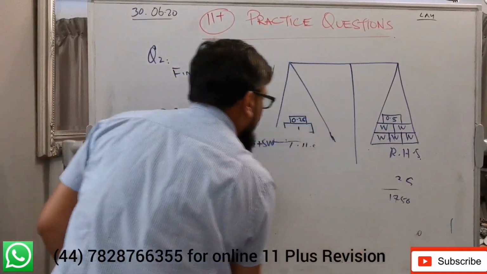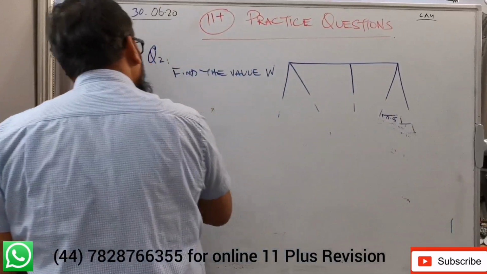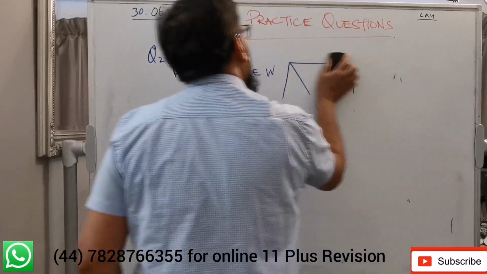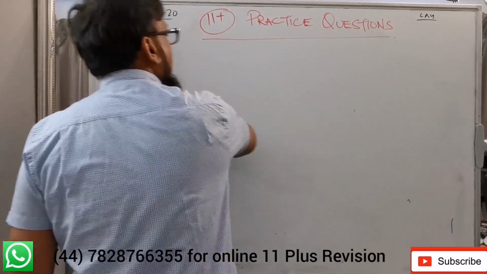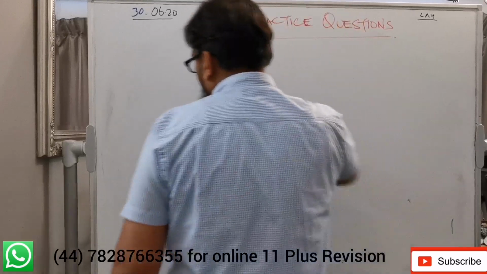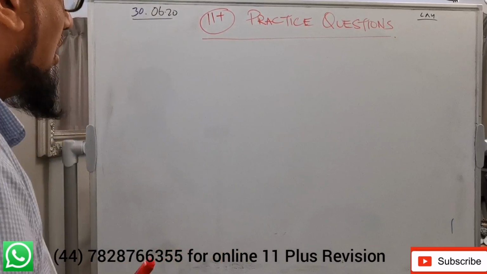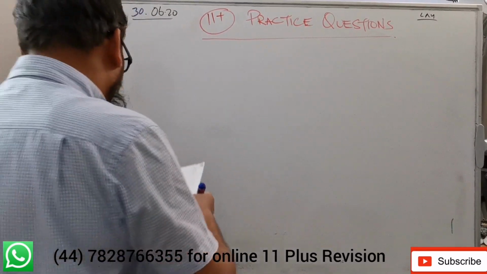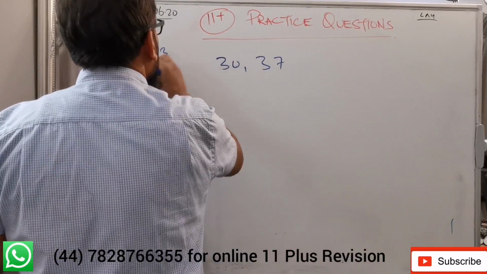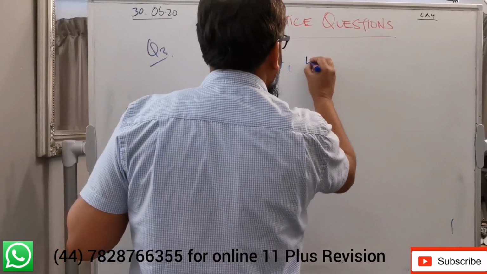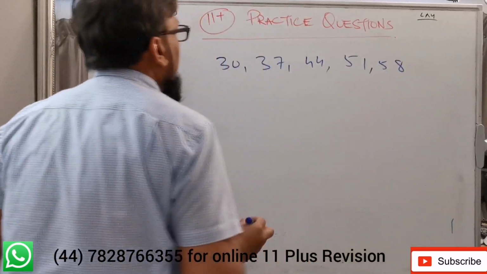Question number 3 is giving you a sequence and they're giving you the answers as well, but we need to find which answer is right. The sequence is 30, 37, 44, 51 and 58.